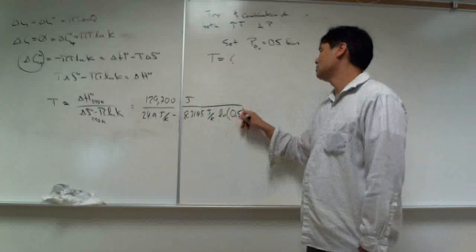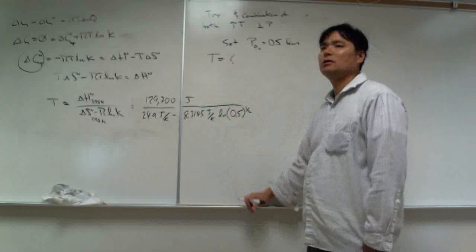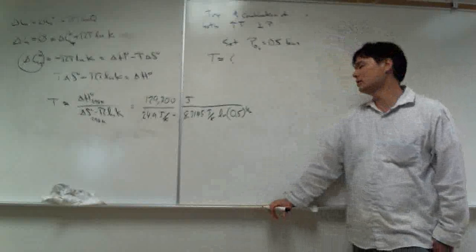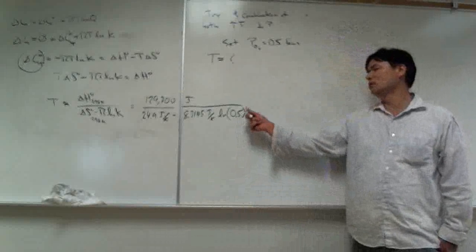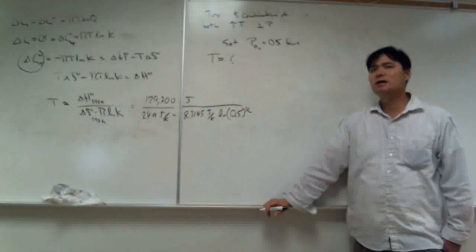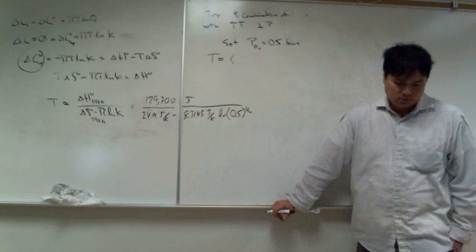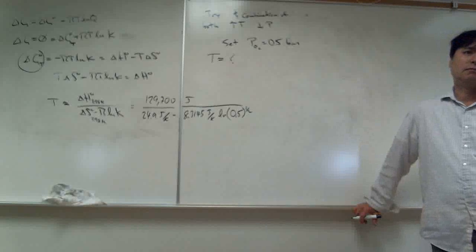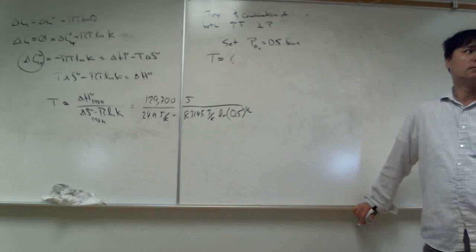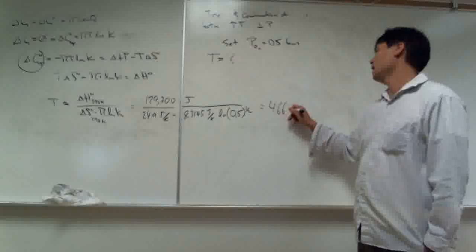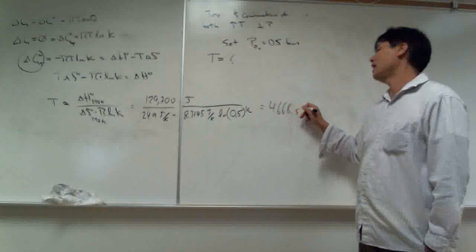And then the O2 has to be raised to the 1/2 power, because K is going to be this, G raised to the little g power. And the temperature comes out to 4668.5?